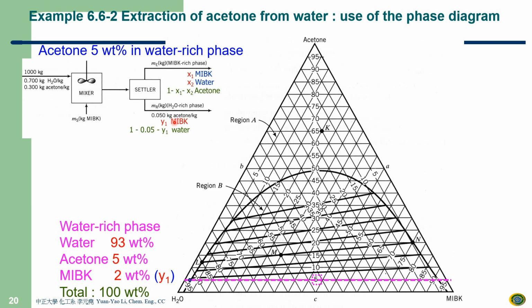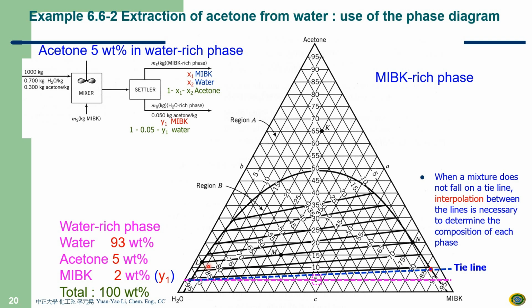And how about the MIBK rich phase? You might say, wow, Professor, this point doesn't reach any tie line. There's no tie line for this point. Remember, I told you that for the MIBK rich phase, you can draw your own tie line. If you have a point here, the tie line will be between this tie line and this tie line, right? So you will draw a tie line like this. You might say, well, Professor, I'm not happy with this tie line, I want to draw something like this to here.